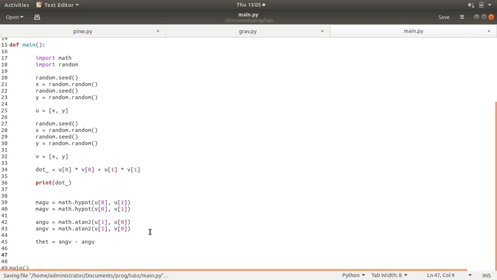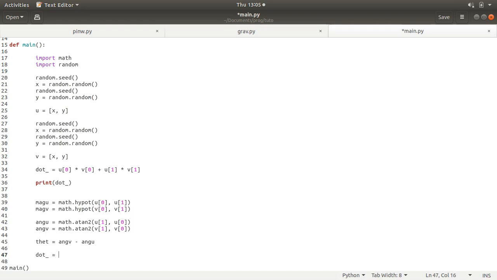And then I'll show that cosine of theta times the mag of u times the mag of v, print dot. So these two prints should be the same.